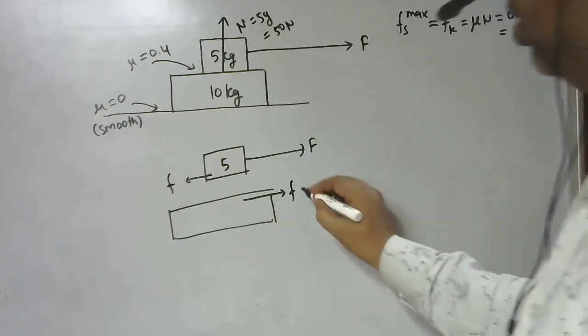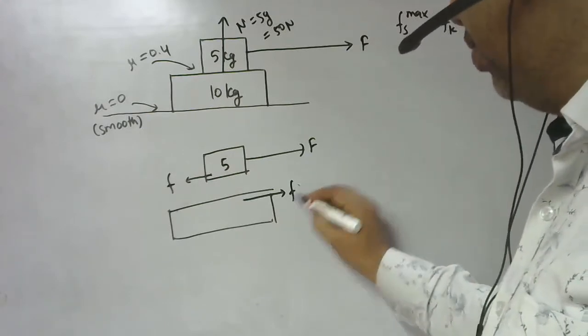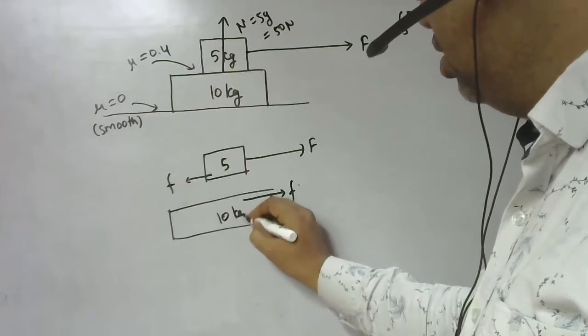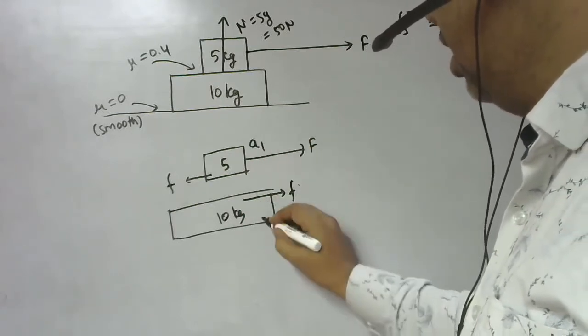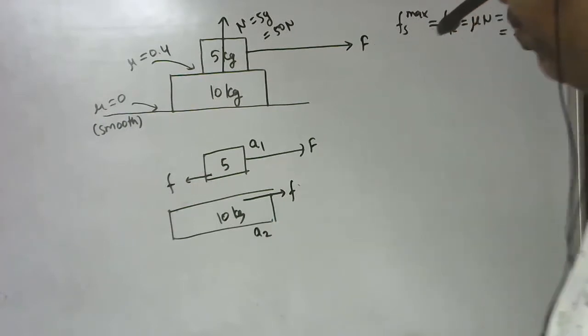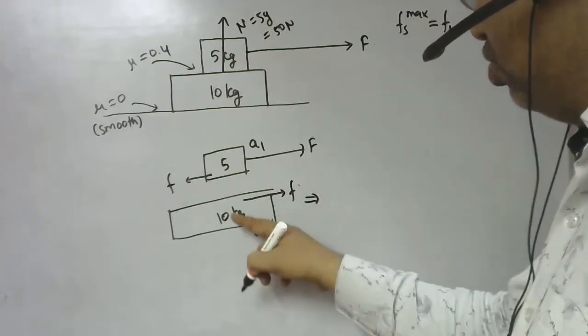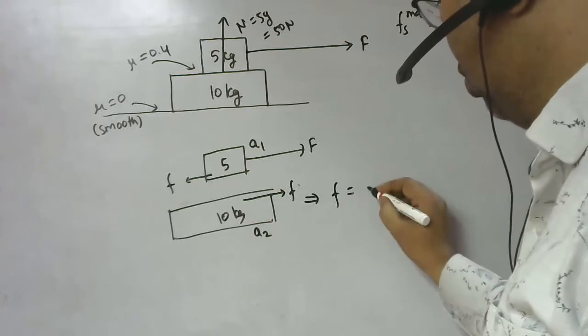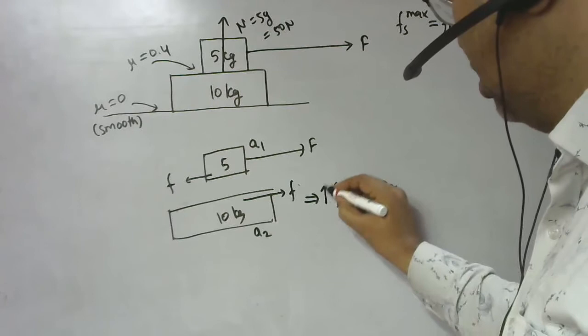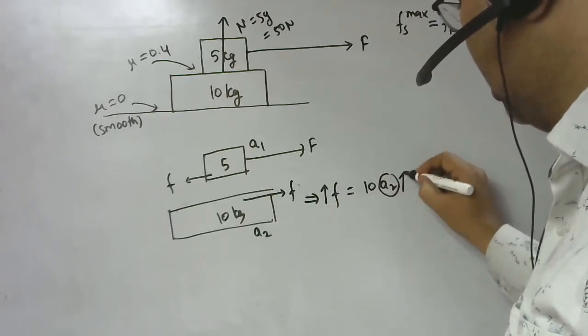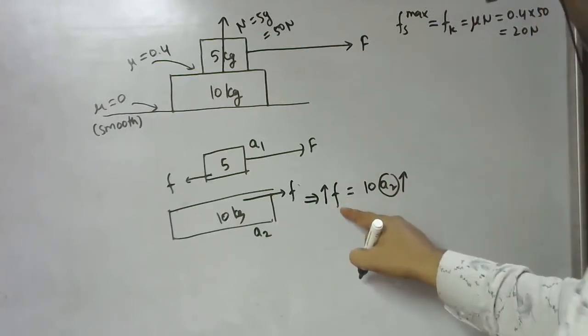If this is the 10 kg block, suppose its acceleration is represented by a2, and the acceleration of the upper block is a1. The equation can be written for the 10 kg block: F equal to 10 a2. So increasing friction also increases its acceleration, and its maximum value is 20 Newton.